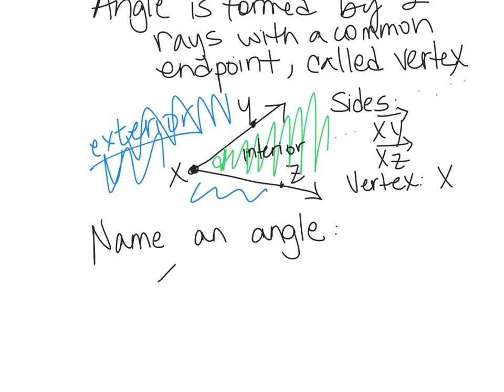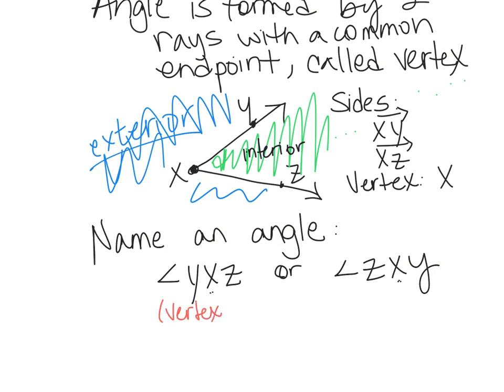So this would be angle YXZ, or we could call it angle ZXY. The order does not matter as long as your vertex is in the middle. So the vertex must be the middle letter of your angle name.